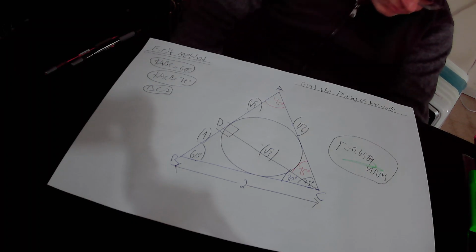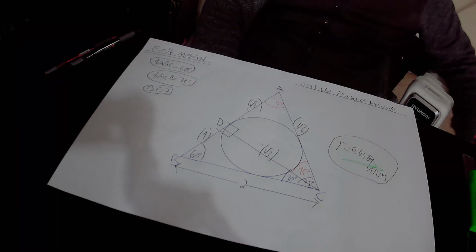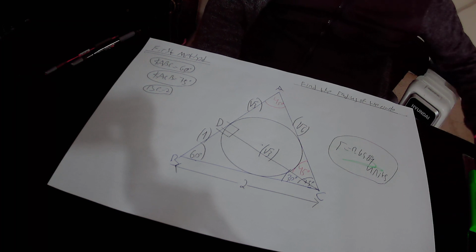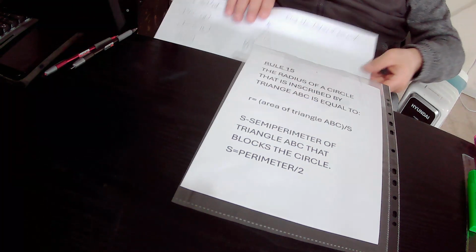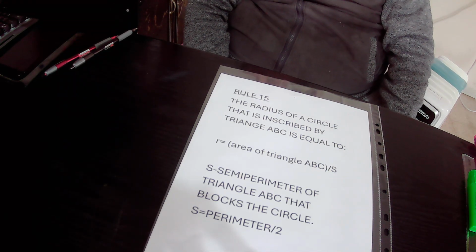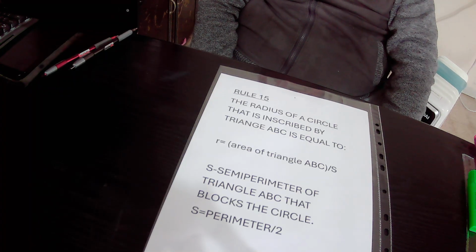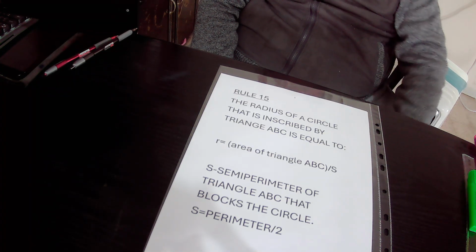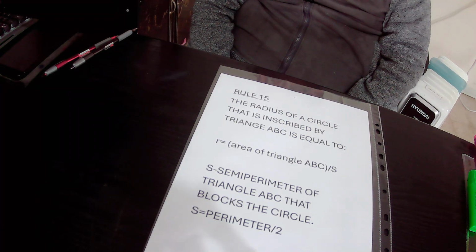According to rule number 15, the radius R of a circle that is inscribed by triangle ABC equals the area of triangle ABC over the semi-perimeter of triangle ABC.